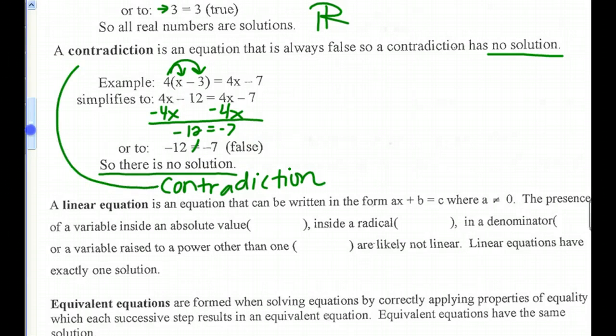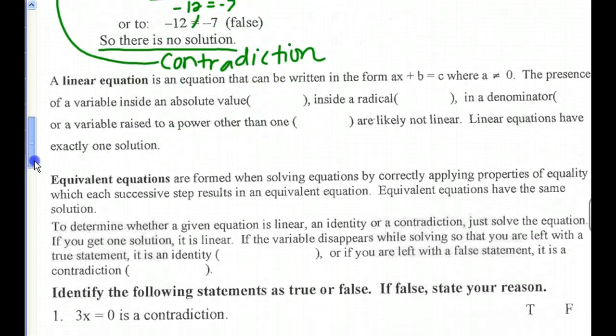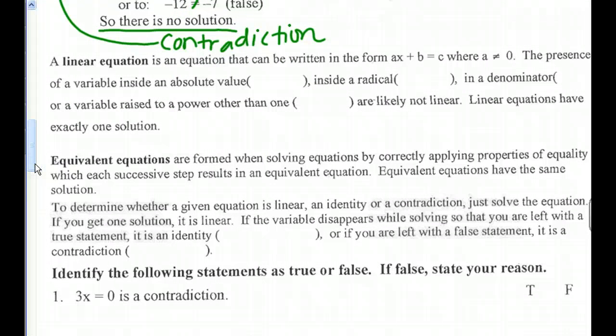Okay. A linear equation is an equation that can be written in the form ax plus b equals c, where a cannot equal 0. So basically this is saying this is a number, this is a number, and this is a number. A can't equal 0. B and C are just numbers. Then there's the presence of a variable inside the absolute value, which looks like this. This is what these spaces are for.